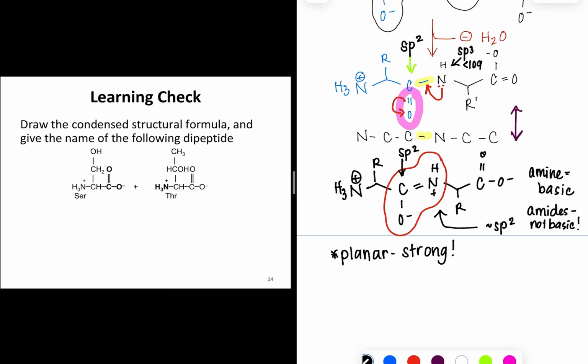You can go ahead and pause the video here if you want to make sure that you draw this correctly, but I will draw this out for you. So I have the serine end, and I'm going to draw this as a line bond formula because I don't like the condensed structural formula, and I think most of you feel more comfortable with line bond as well. So I'm going to draw that.